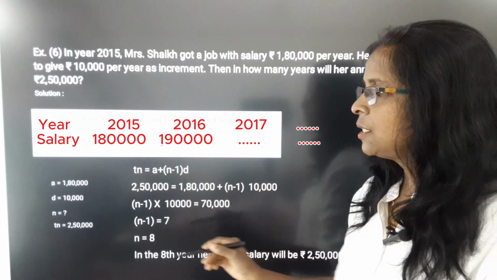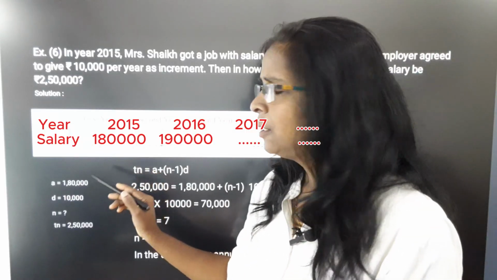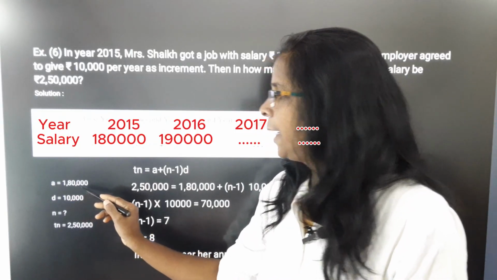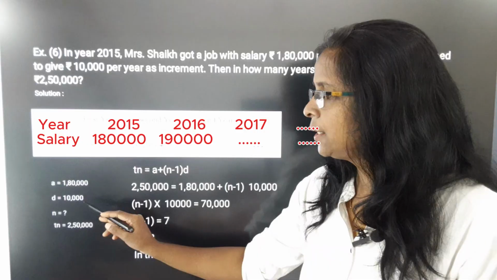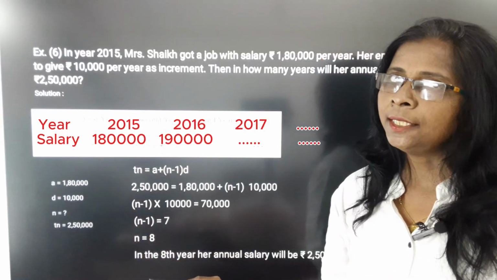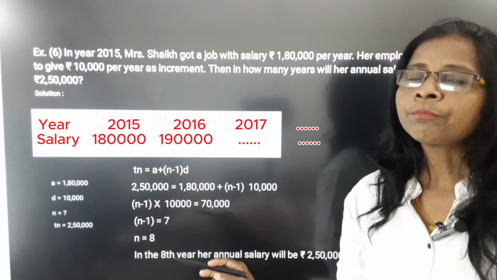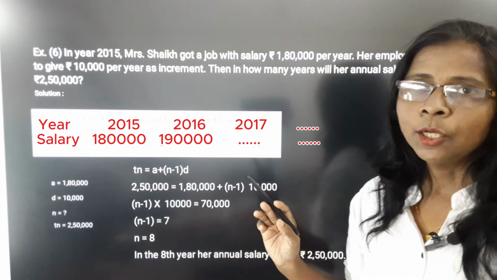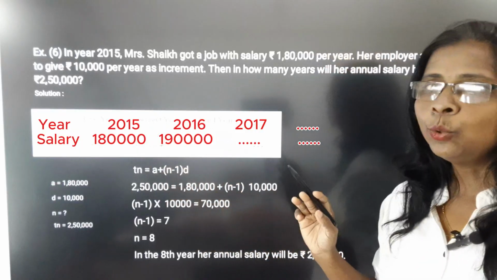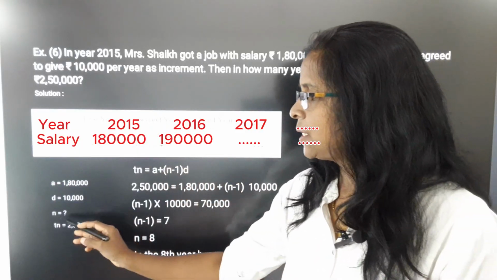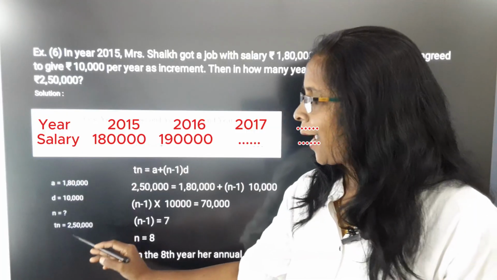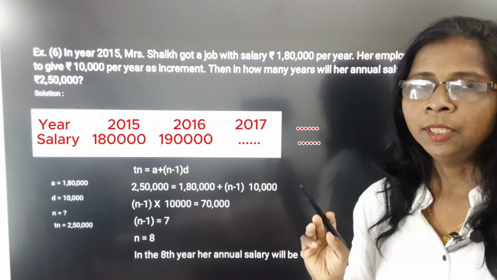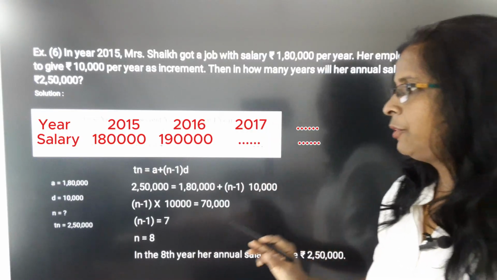So that means here we got an AP, and from the AP we write here A is equal to 1,80,000, D is equal to 10,000. We don't know what N is, at what year she gets the salary of 2,50,000. So we have to calculate N, and here Tn is equal to 2,50,000, because the last term is 2,50,000.